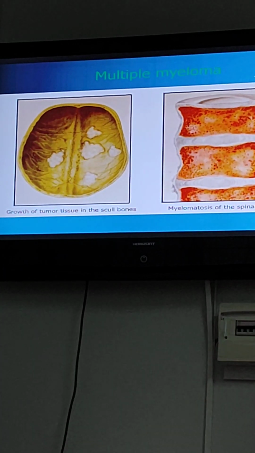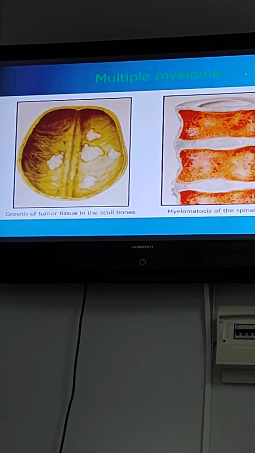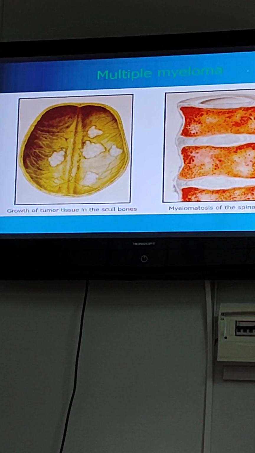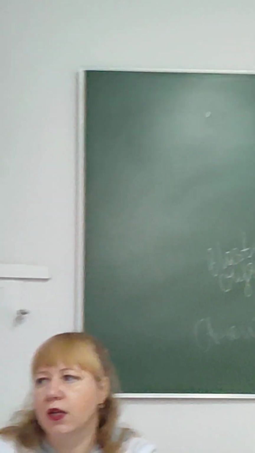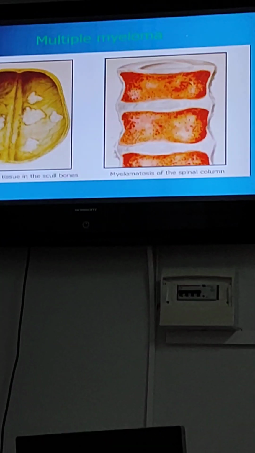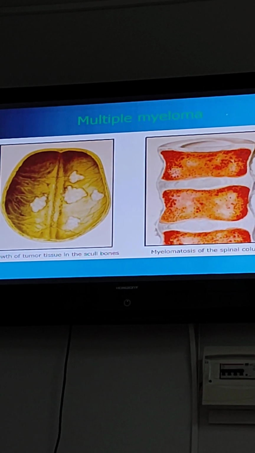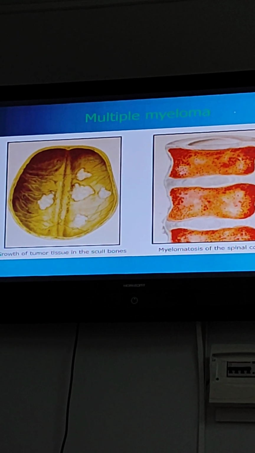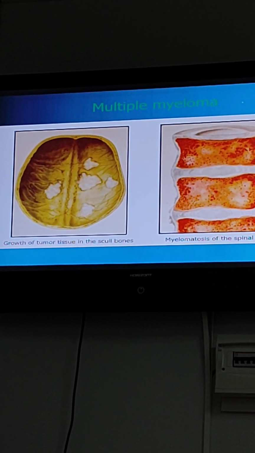Some details about multiple myeloma. In multiple myeloma, atypical plasma cells produce atypical immunoglobulins, called paraproteins, atypical proteins. These atypical proteins can activate osteoclast cells.